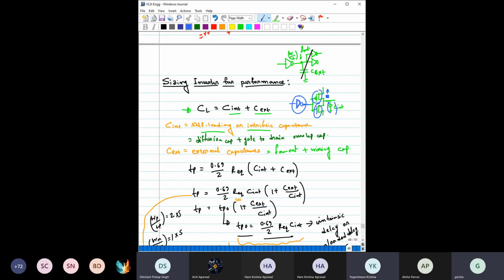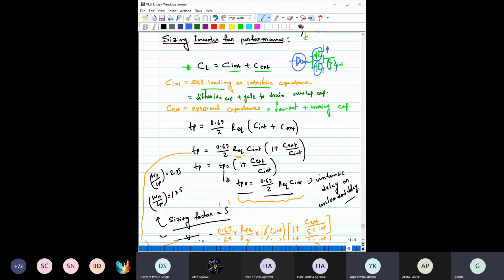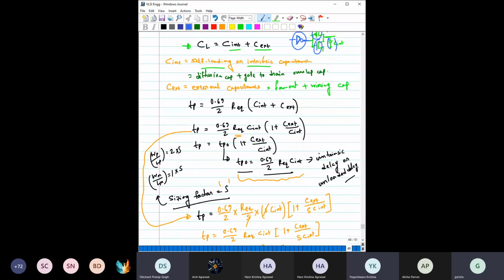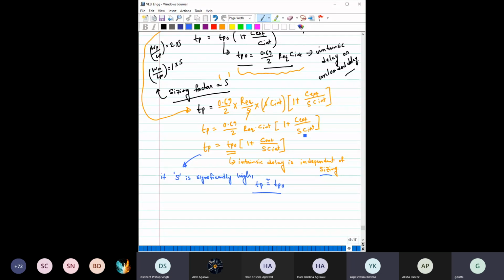That is the reason why we cannot arbitrarily increase the size, even though from this analysis we can see that a significantly high sizing factor is beneficial for the propagation delay.